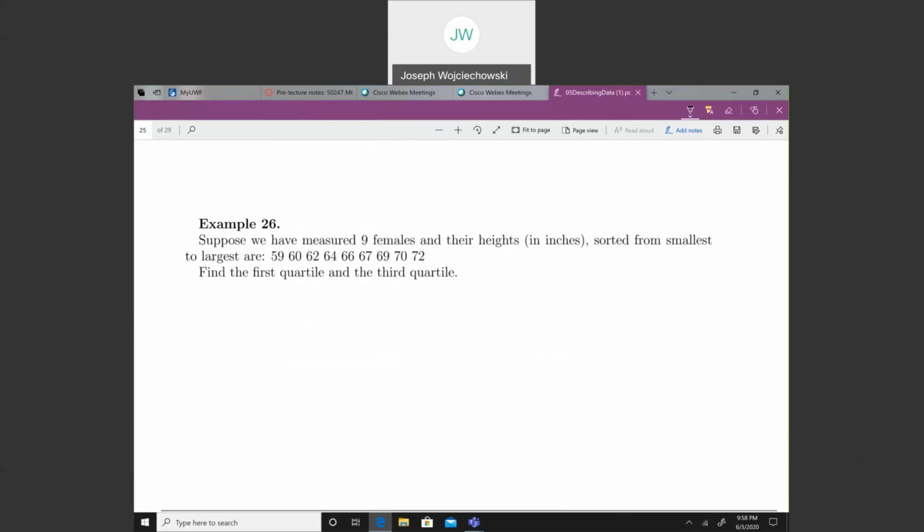So let's look at this. Suppose we have measured 9 females and their heights in inches, sorted from smallest to largest. Here they are. Find the first quartile and the third quartile. So we have n equals 9. For Q1, locator L1 is equal to n times 0.25, which is 9 times 0.25, which is 2.25.